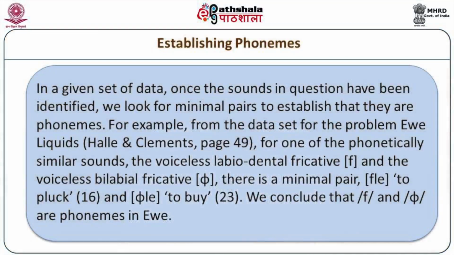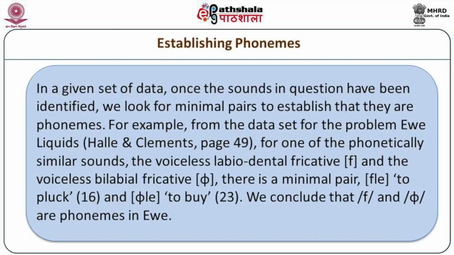Now let's take a look at the consonants from EU liquids. There are 2 consonants here, a voiceless bilabial fricative and a voiceless labiodental fricative. Both are apparently phonetically similar, both are voiceless, both are fricatives. One is bilabial and the other is labiodental. It's quite likely that the 2 sounds are allophones of a phoneme, and it is equally likely that the 2 sounds are phonemes.